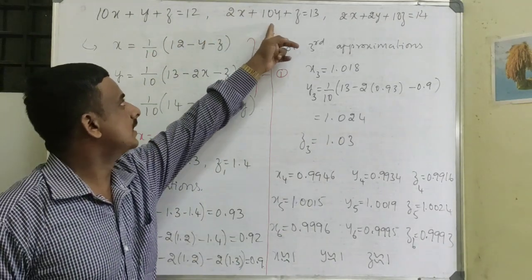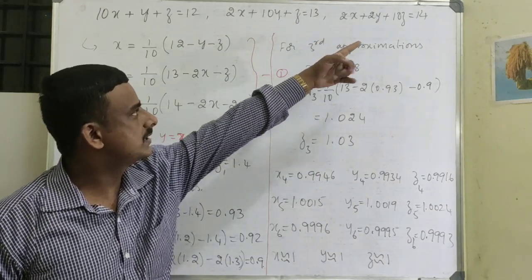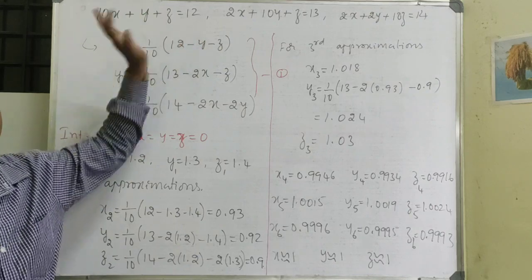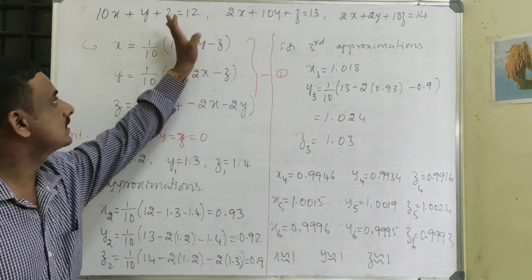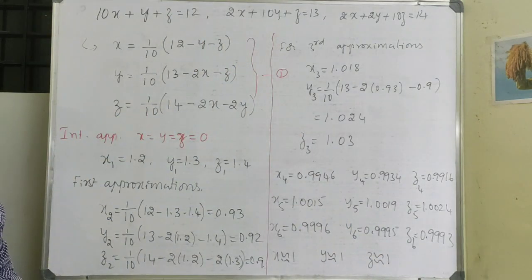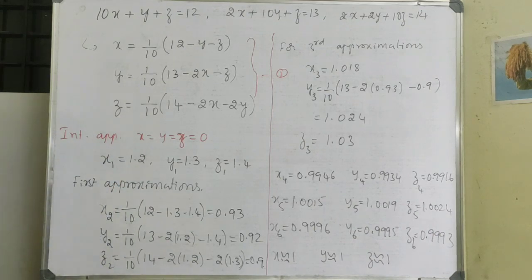So 2 plus 10 is 12 plus 1 is 13. So 2 plus 2 is 4 plus 10 is 14. So 10 plus 1 plus 1 is 12. So this value 1 comma 1 comma 1 satisfies these three equations, hence that is the required solution. So this is the way of solving a system of equations using the method of Gauss-Jacobi.